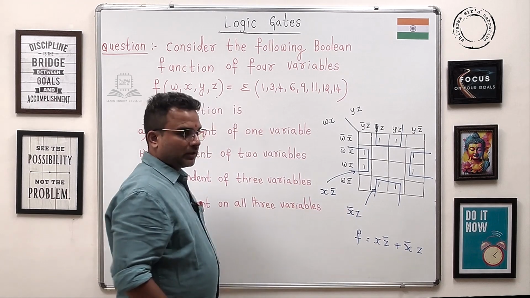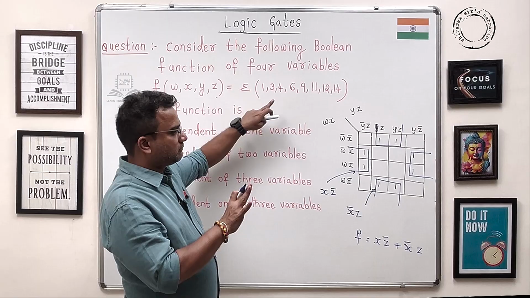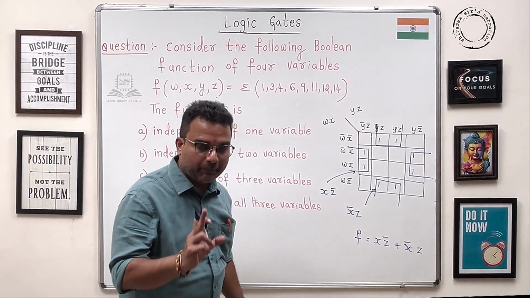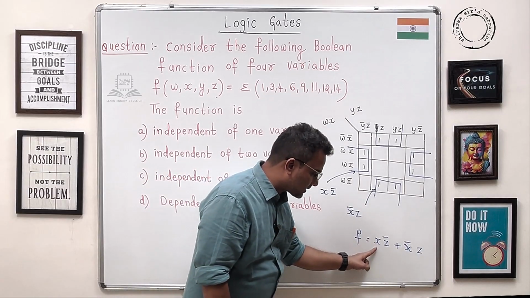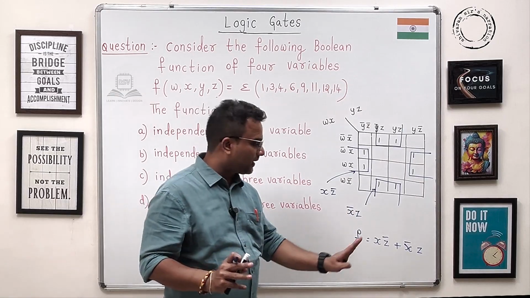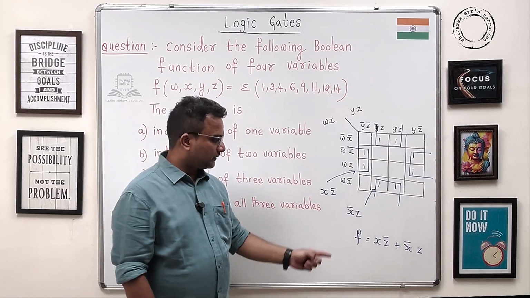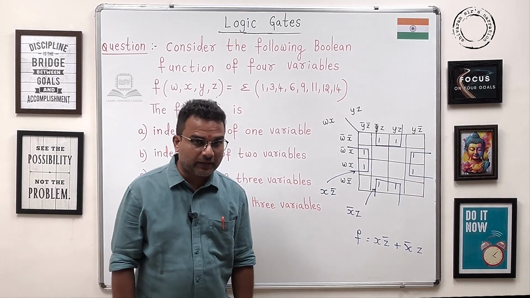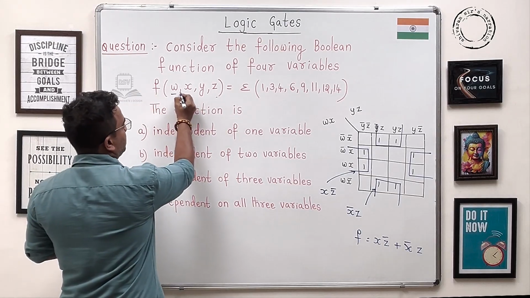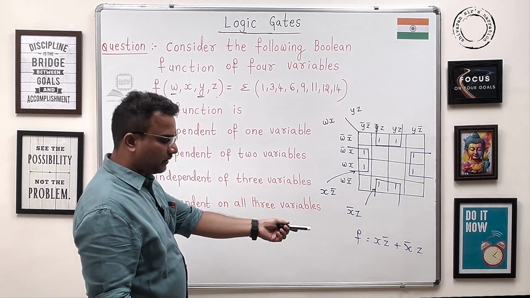Now from this we can tell that, as per the minterms, the simplified output expression depends upon variable x, variable z, and their complements as well. It depends on the x and z variables, and it is independent of the remaining 2 variables. What are they? W and y. The simplified output expression does not contain any w or y variables.